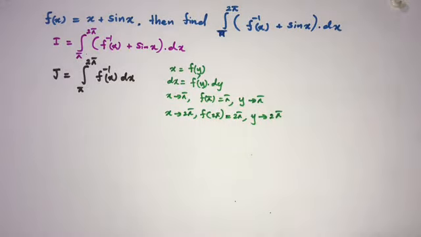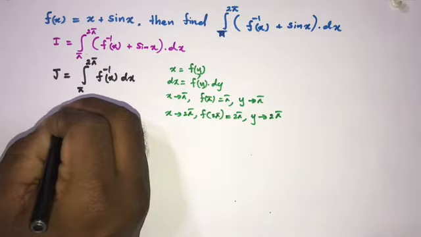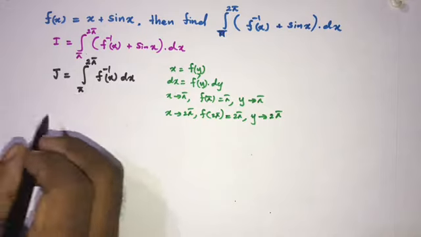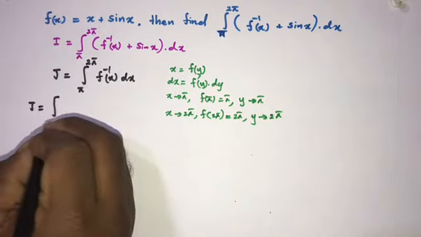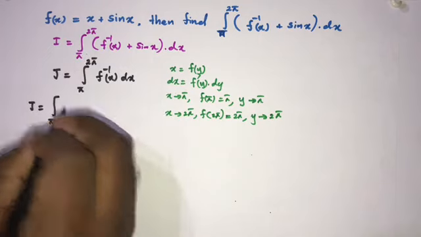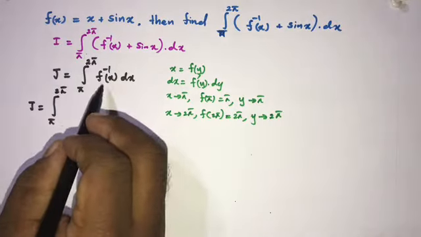Now we can plug in, so J is equal to the integral with limits pi to 2 pi of inverse f of x.